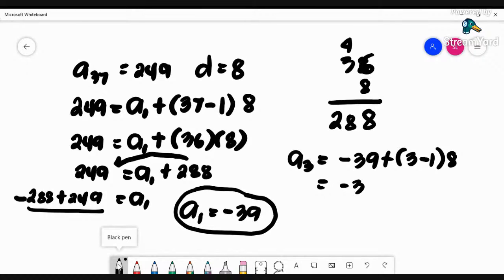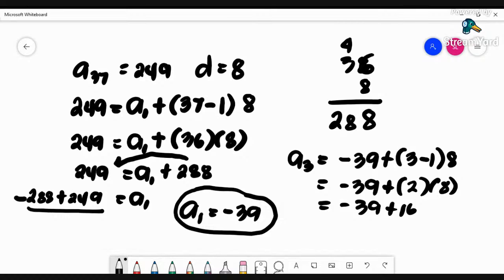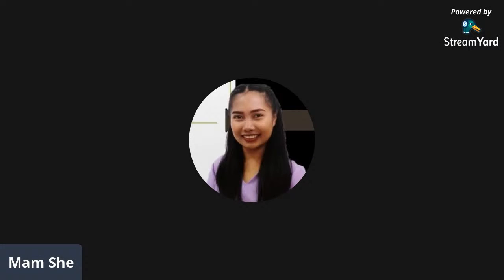So that's negative 39 plus 2 times 8, that's negative 39 plus 16. Negative 39 plus 16 is negative 23. So our A sub 3 is equal to negative 23. This will be the answer for our question.